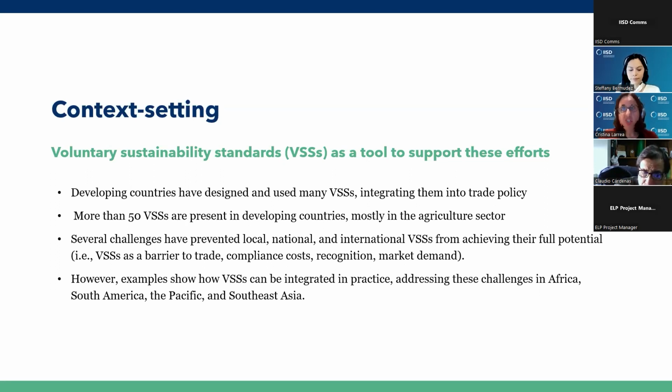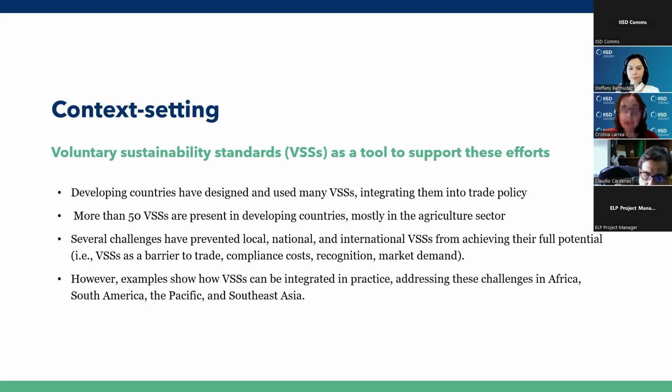However, there are common challenges associated with their use that we are very aware of, such as the proliferation of schemes, compliance costs, their formal recognition, or the existence of market demand, which may have prevented governments and sustainability standards from achieving their full potential.